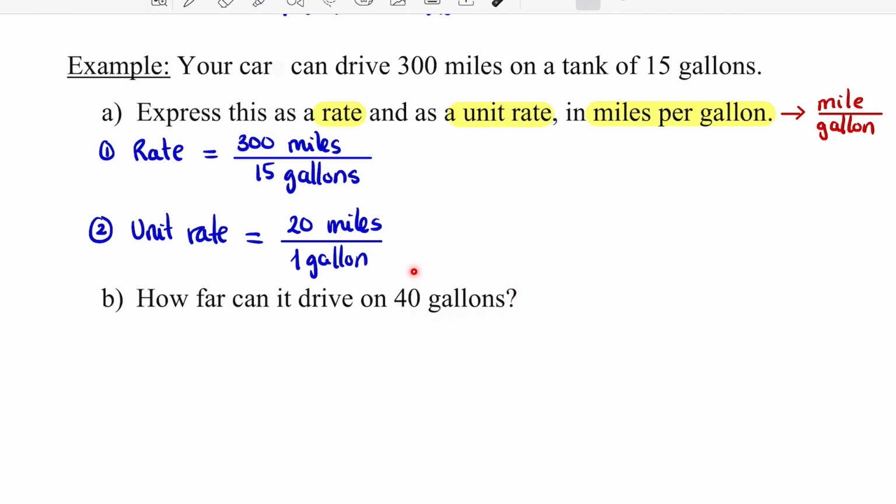So I'm going to rewrite 40 gallons in fractional form, which is 40 gallons over 1, and I multiply that by my unit rate, 20 miles per 1 gallon.